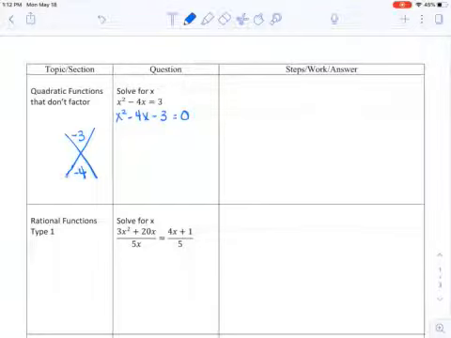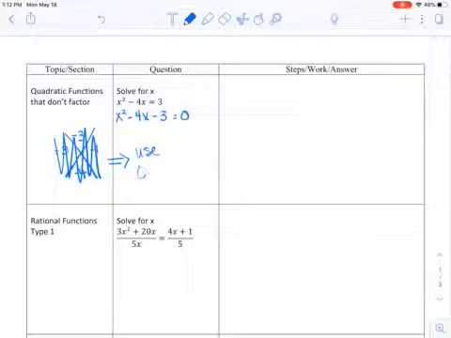So factors of 3 are 3 and 1. One has to be positive, one has to be negative. So negative 3, positive 1 will not give me 4. Positive 3, negative 1 will not give me 4. So if you can't factor, use the quadratic formula.